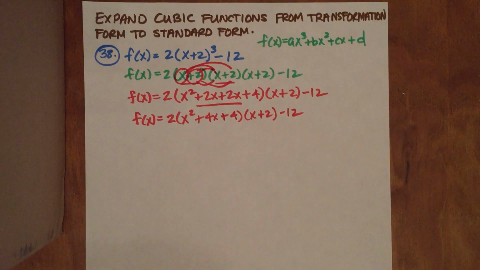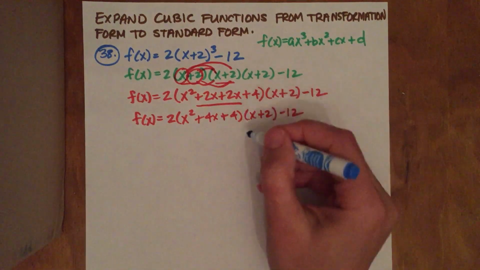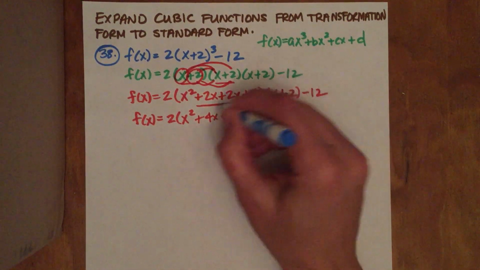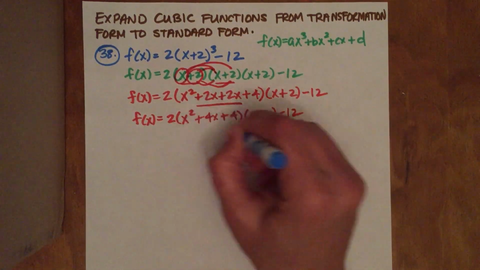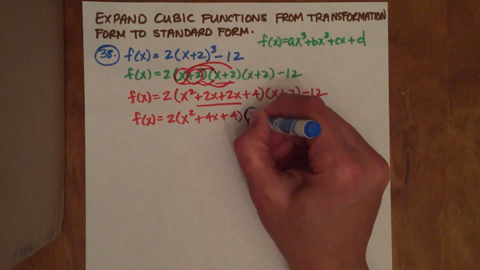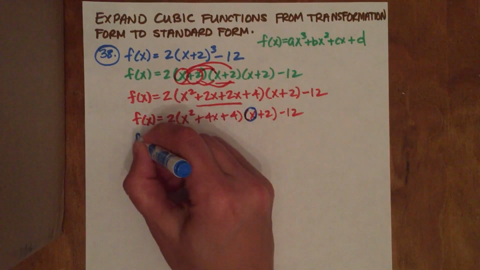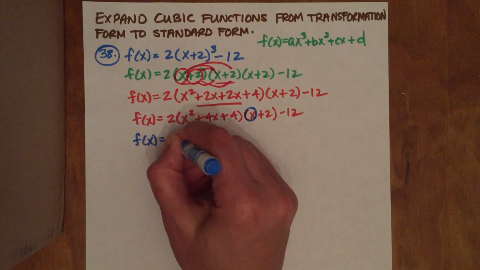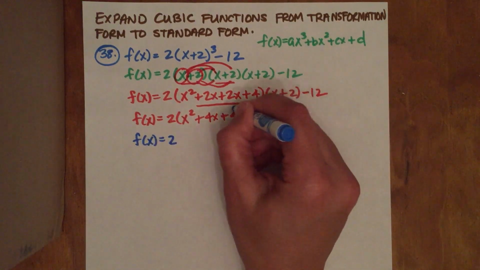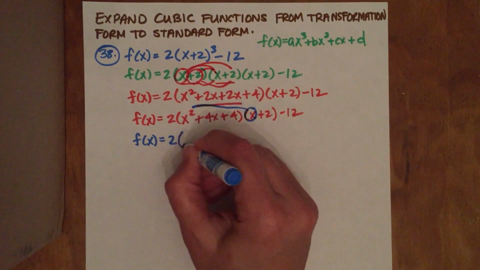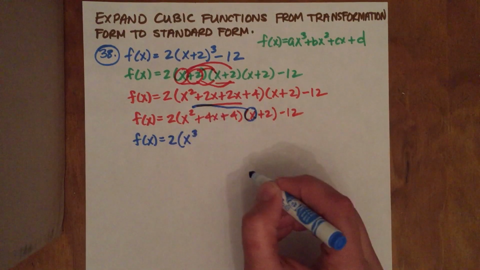The next step is to actually get rid of the other set of factors here. I'm going to now multiply this binomial times this trinomial. So I'm going to take the x here. Again, we bring down the 2. The 2 can't go anywhere. So I have x times x squared, and that is x cubed.